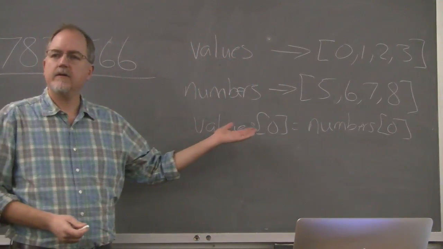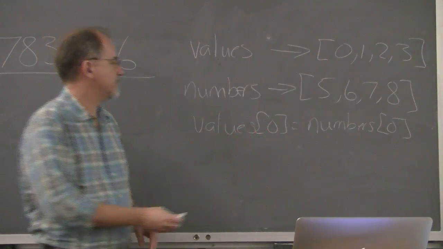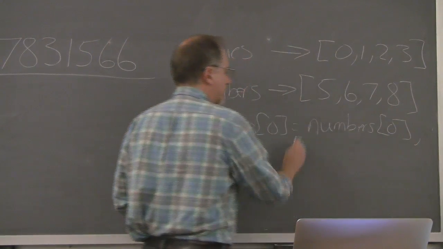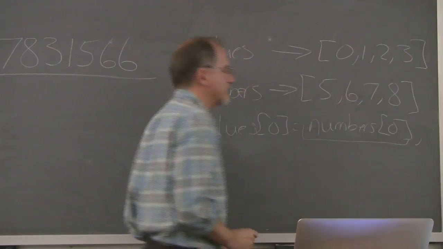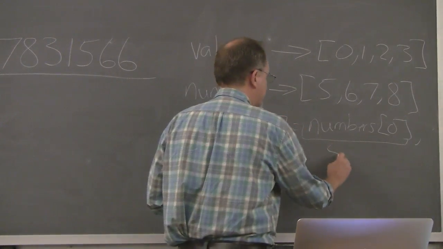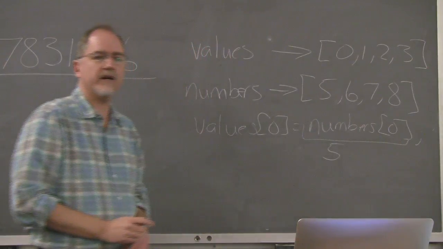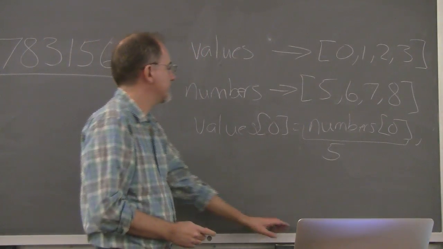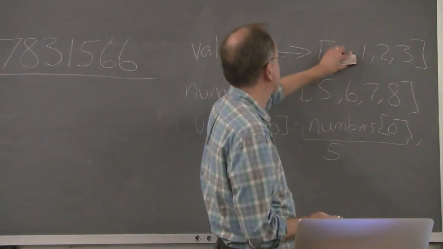The way you evaluate this statement is you ask what this evaluates to. It looks at the 0th index of numbers, and that becomes the value 5, and that gets assigned to values 0. That's fine.